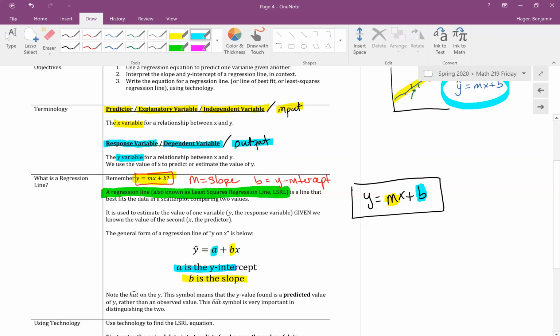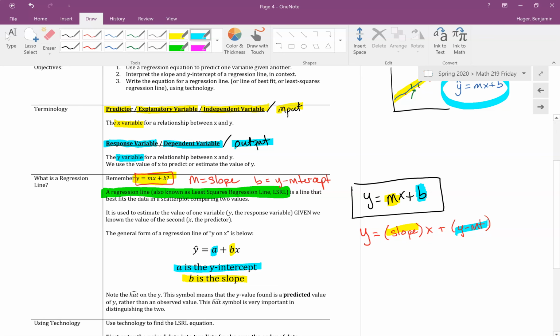So here they're using a. So maybe a better way to think about this in general, so it doesn't matter what letters a book uses, is you could think of y is always equal to your slope times x plus your y-intercept. All right, no matter what letters they want to use, that's the format for a linear equation.